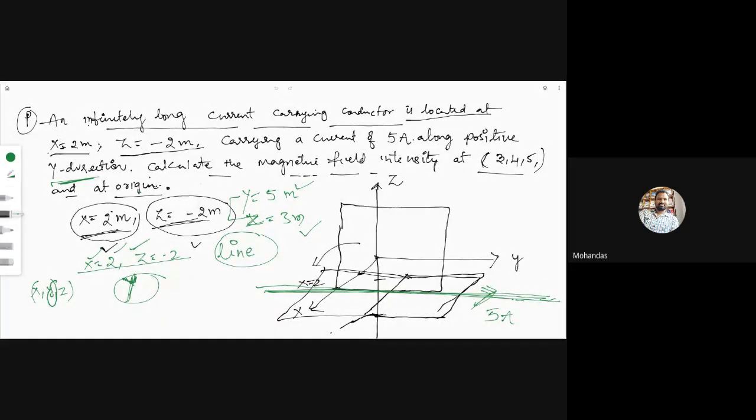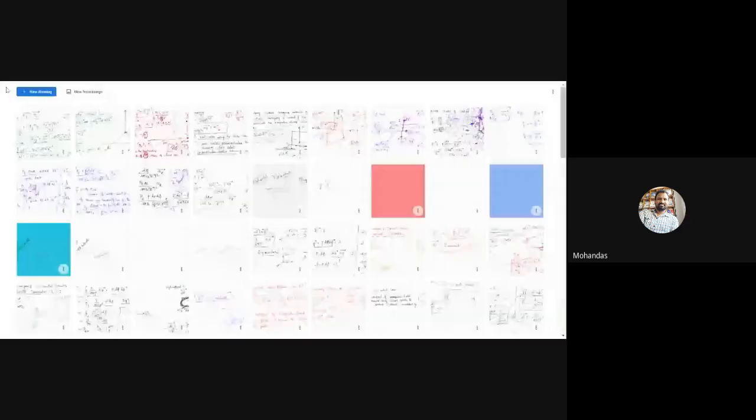Take the screenshot of this problem. This second one. Take the screenshot of this second one. Third one will be this explanation.